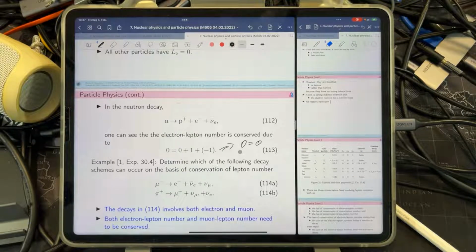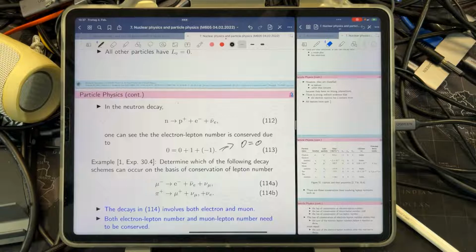So the electron-lepton number is conserved in this process, in this decay. So this decay could take place in nature. That's the meaning of electron-lepton number. Okay, you understand that? There will be conservation of electron-lepton number, conservation of muon lepton number, conservation of tau lepton number too.